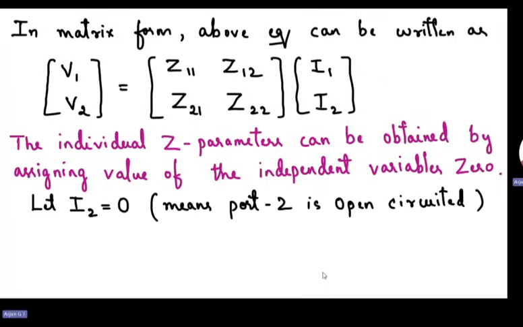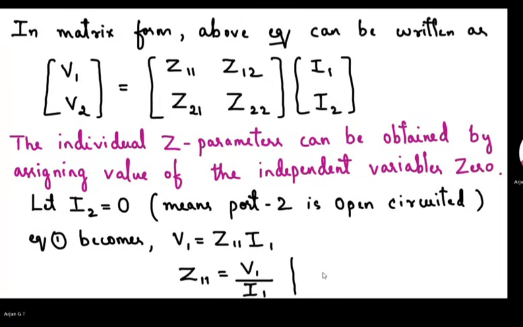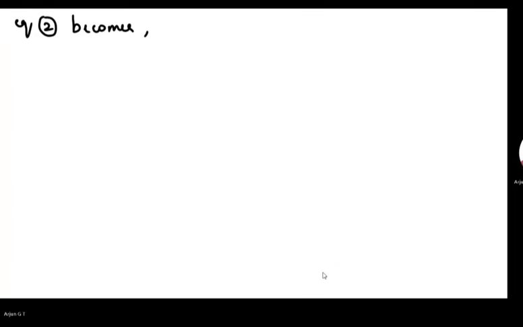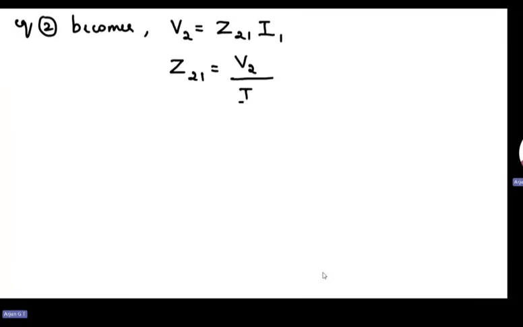Therefore, equation 1 becomes V1 is equal to Z11 into I1, as I2 is 0. Therefore, Z11 becomes V1 by I1 with I2 equal to 0. Similarly, equation 2 becomes V2 equal to Z21 into I1, therefore Z21 is equal to V2 by I1, considering I2 equal to 0.